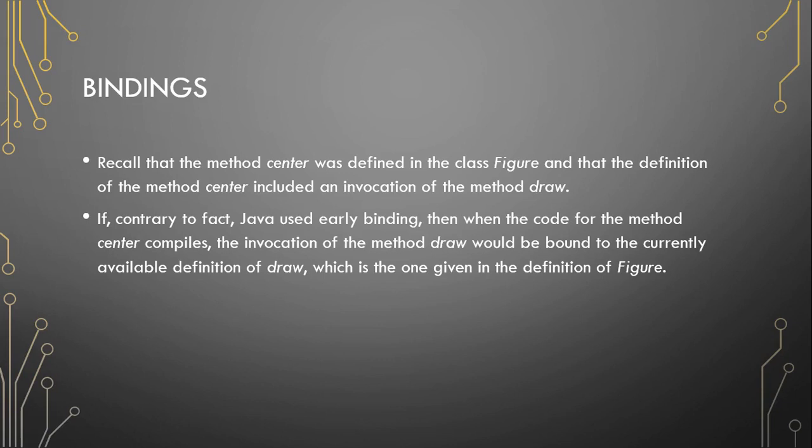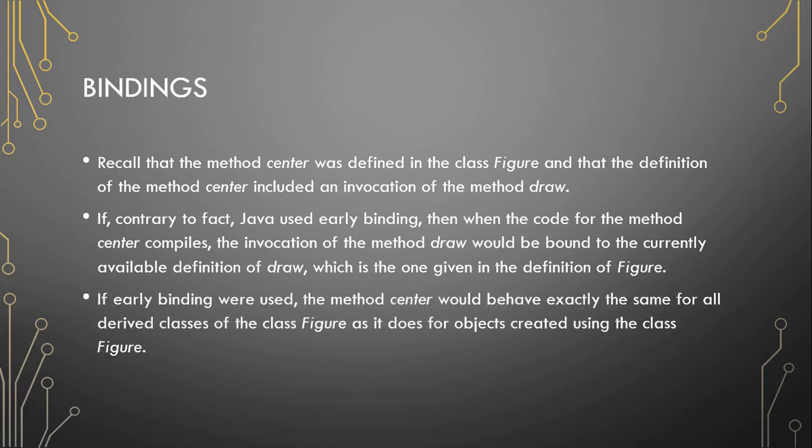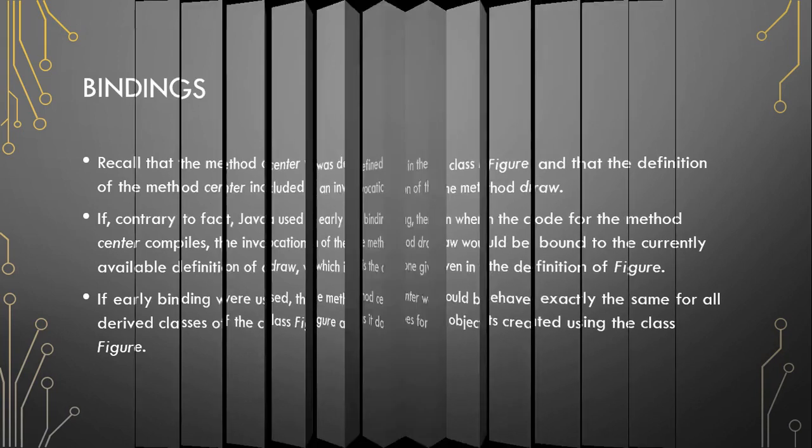So if figure's definition of draw was similar to that of a circle, that's what it used. And so when you go to try to draw a triangle, it's going to try to draw something more like a circle. Because in early binding, the method center is going to behave exactly the same for all derived classes of the class figure as it does for objects created using the class figure.